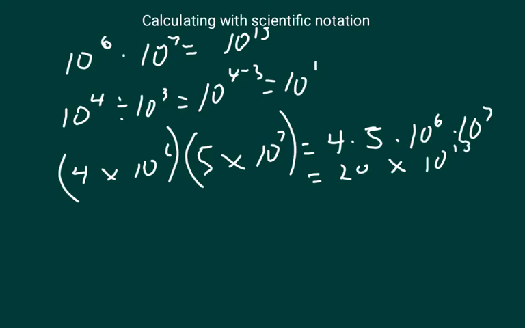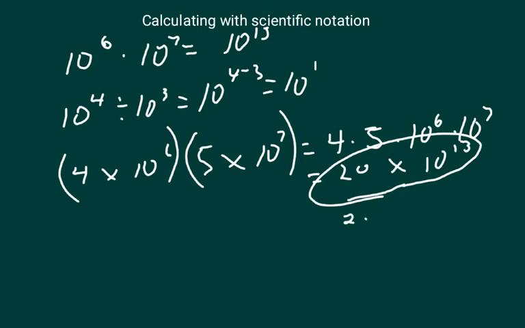Now, if you thought you were done, you're not. You're not wrong. I mean, this would not be an incorrect answer. 20 times 10 to the 13th. That's equivalent to the correct answer. However, that's not scientific notation because 20 is not between 1 and 10. 20 is 2 times 10 to the 1st power.